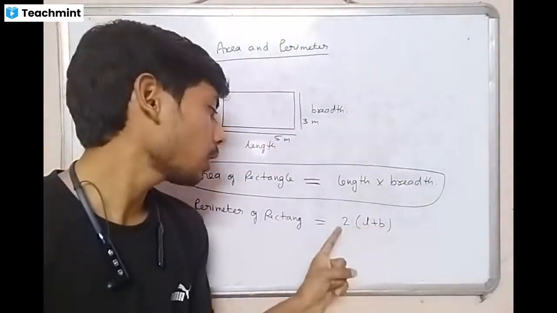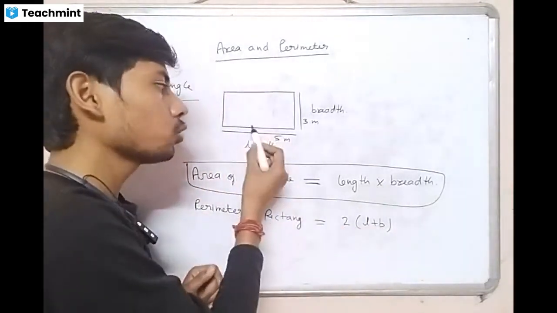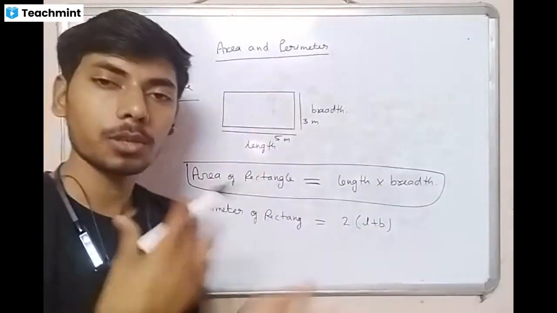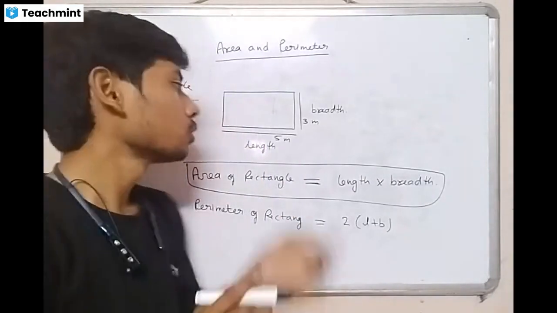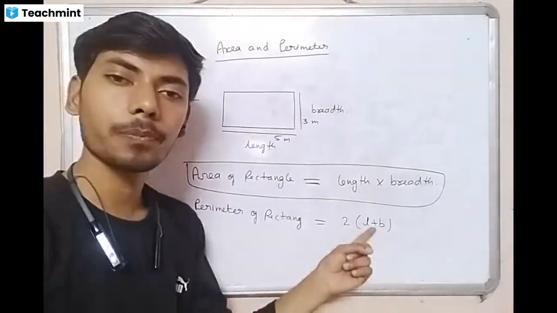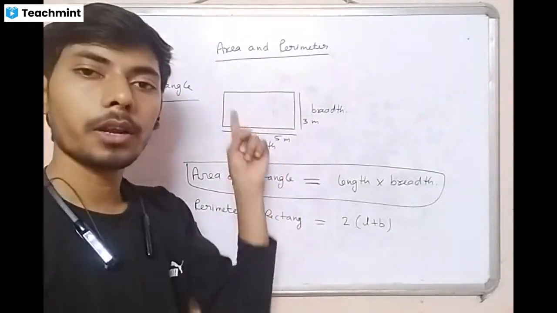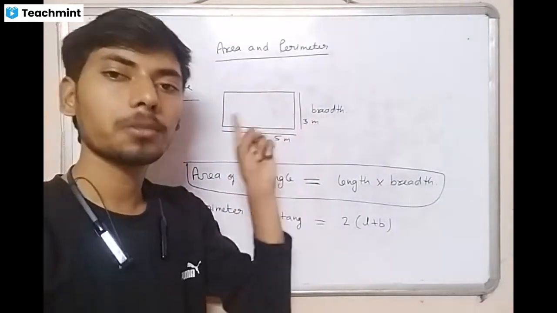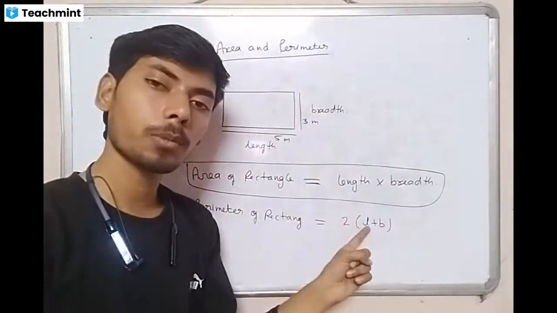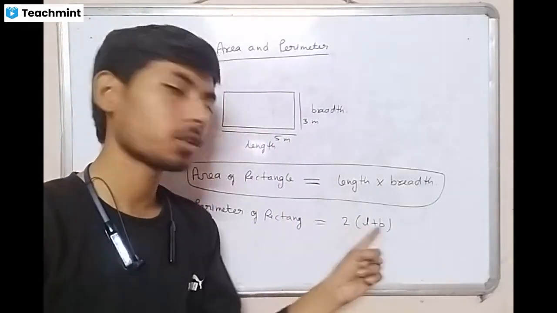You can easily understand that you are going to add all these boundaries, as I have discussed earlier. So I have done the same: L plus L, B plus B. It means 2 times L and 2 times B. I have taken 2 common, so it becomes 2 into (L plus B).